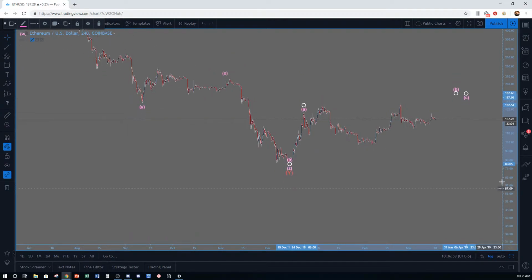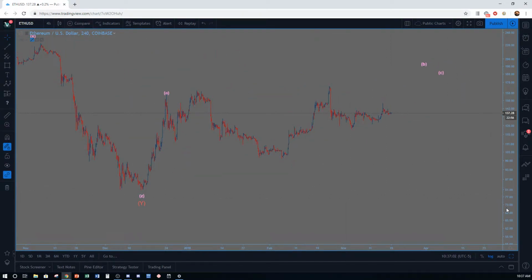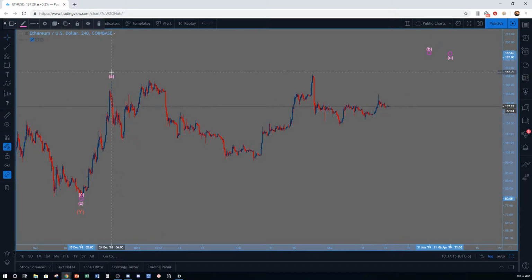That should be the same degree, right? Yeah, it should be. In this move, we have 1, 2, 3, 4, 5, 6, 7, 8, 9, 10, 11, 12, 13, if you want to really push it.